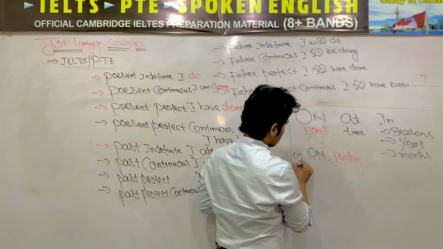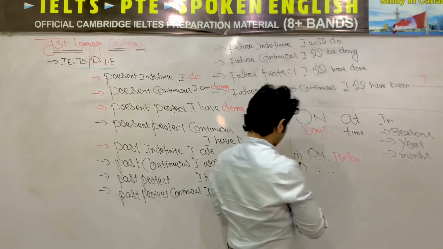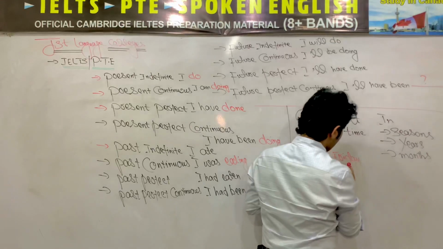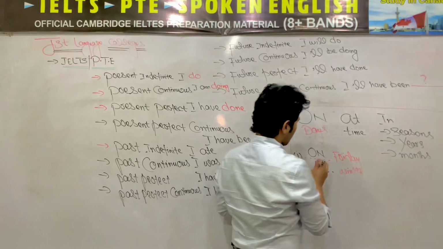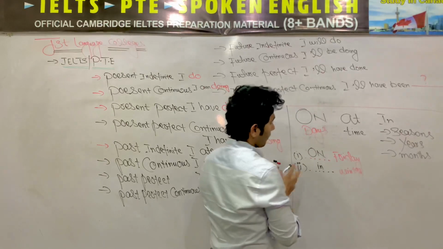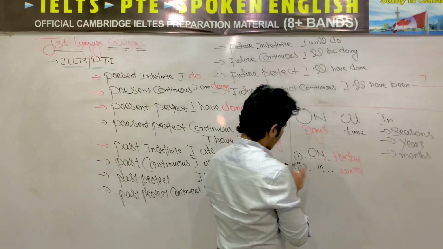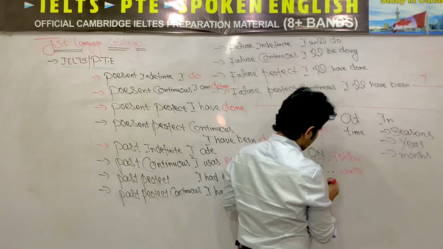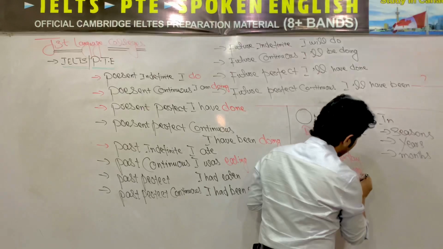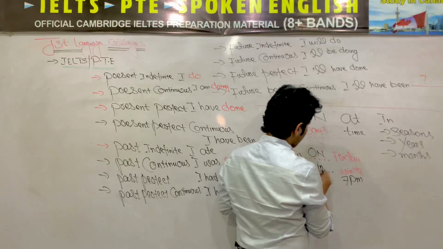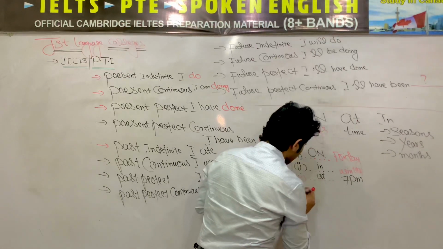For example, winter. Because it is a season, I would use in. If I want to use at, for example, 7 p.m., we can say at 7 p.m. This is going to be the last one.